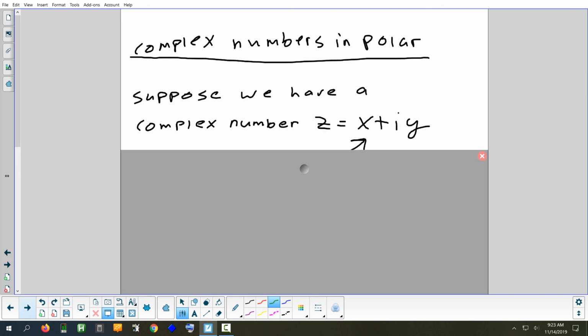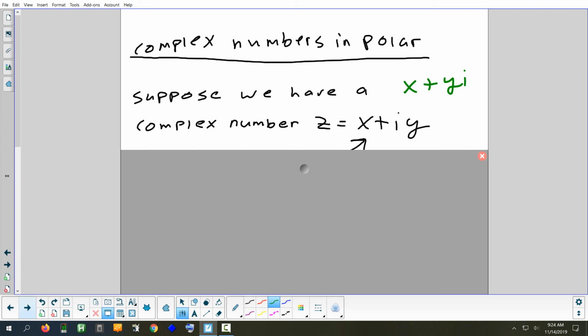So let's suppose that we had a complex number. Again, I'm just going to call it Z. I usually use the letter Z a lot for complex numbers. And I have the real part plus the imaginary part. Now, you might be saying, shouldn't I do it like this? Don't we usually put the I after? Yeah, we do, but I'm trying to match what the book does.